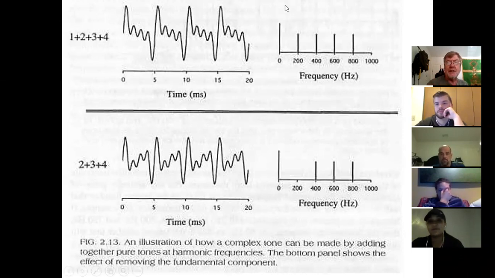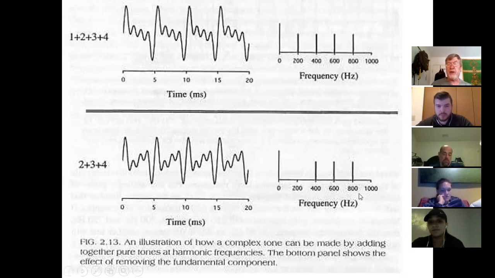There, thank you. Okay. So now I'm playing you 4 tones. 200 hertz, 400 hertz, 600 hertz, 800 hertz. Your overall perception of those 4 tones is going to sound rather like 200 hertz. An illustration of how a complex tone can be made by adding together pure tones at harmonic frequencies.